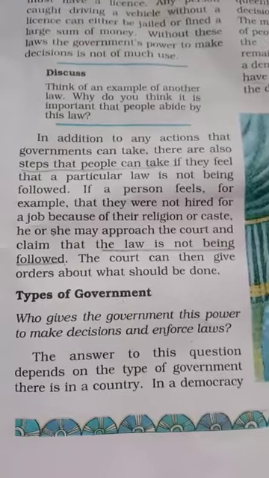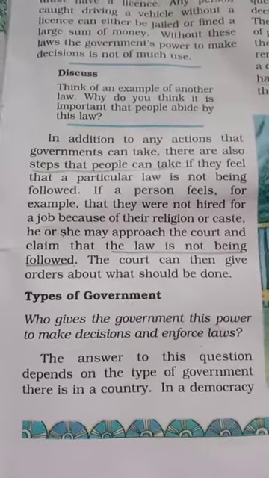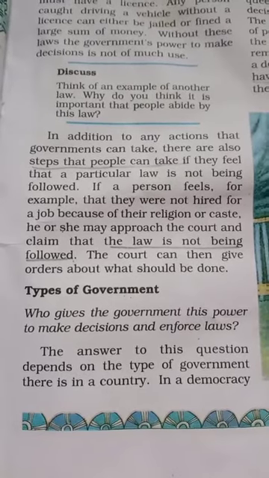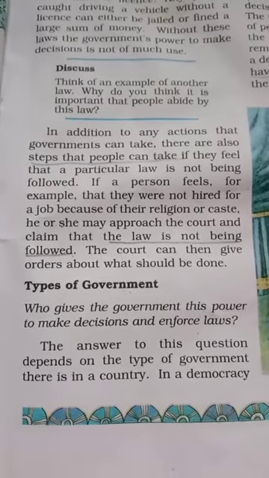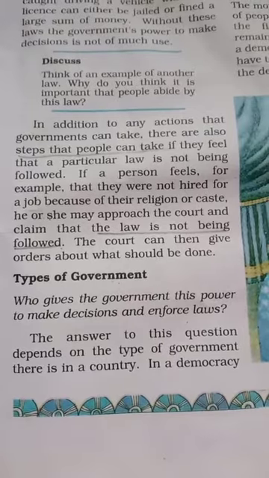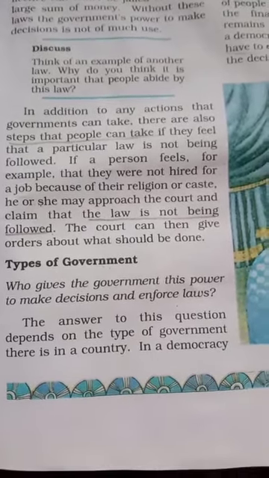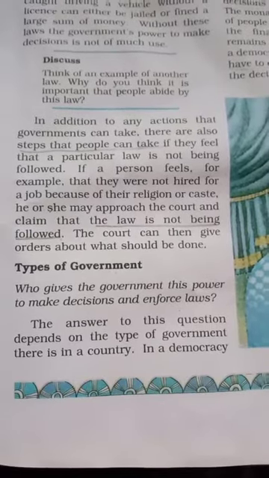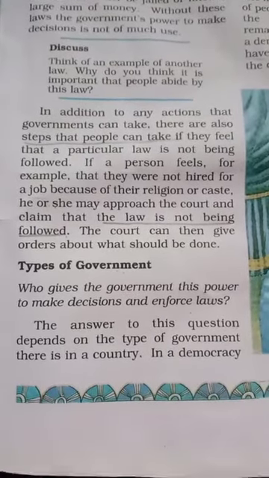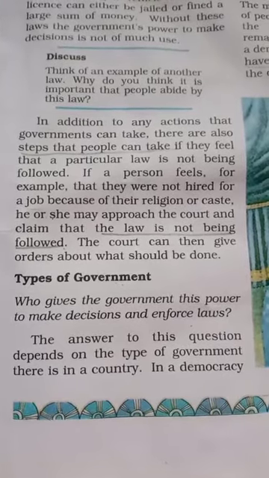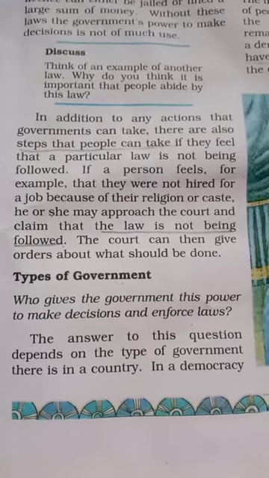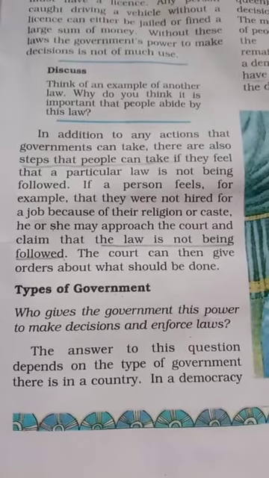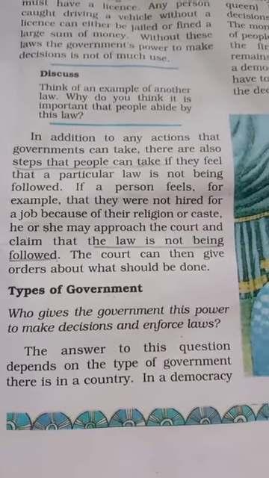If there is any fault from the government, then people can take steps if the government is not doing its own duty or is not taking action. For example, if a person feels that they were not hired for a job because of their religion or caste. Okay, listen again.